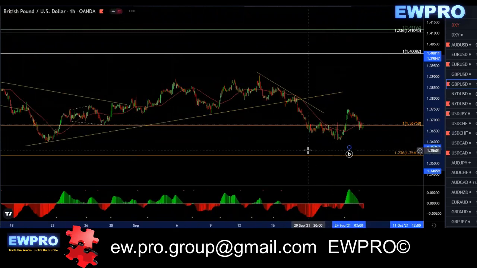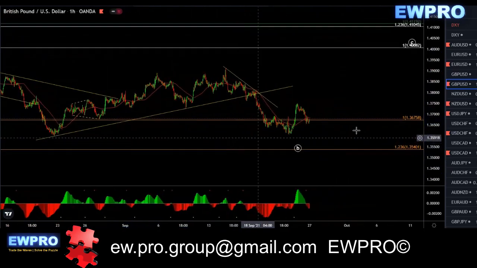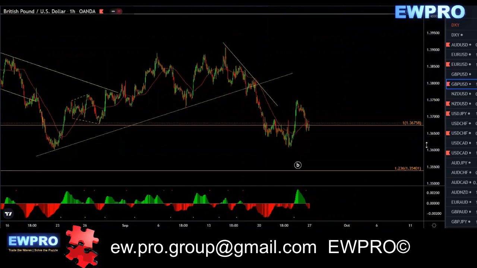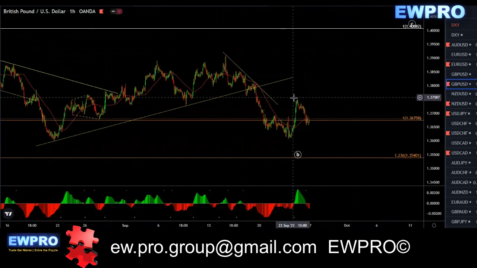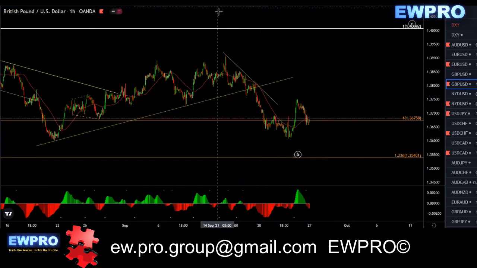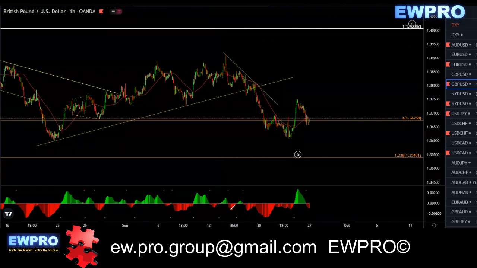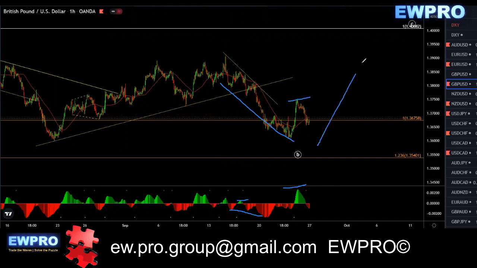On the H1, it's very difficult to trade yet. We got a nice impulse up, but we don't have any bullish divergence, and we have the possible bear hidden divergence. So you really have to go down to the lower time frames and look for the buy.